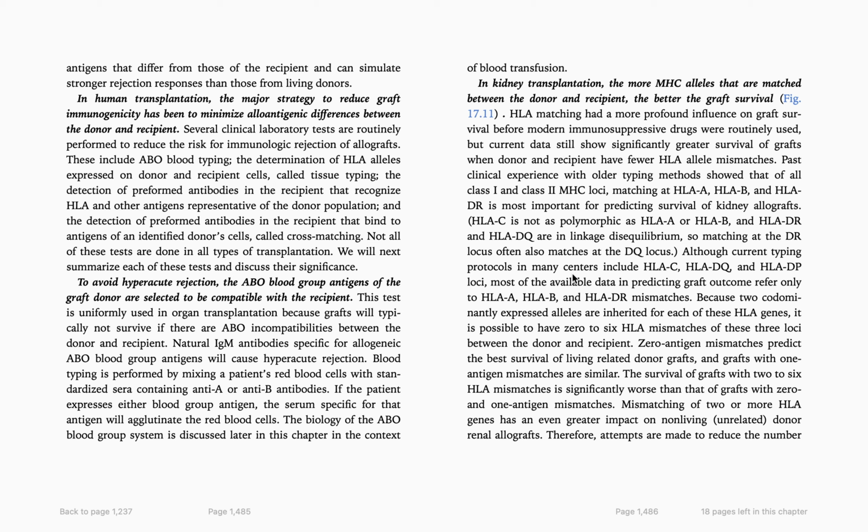Past clinical experience with older typing methods shows that matching of class 1 and class 2 MHC loci at HLA-A, HLA-B, and HLA-DR is the most important for predicting survival of kidney allografts. HLA-C is not as polymorphic as HLA-A and HLA-B, and HLA-DR and HLA-DQ are linked in disequilibrium, so matching at the DR locus often also matches the DQ locus.